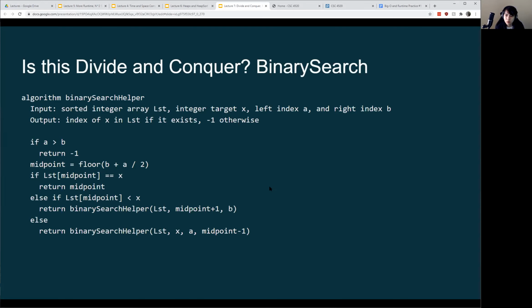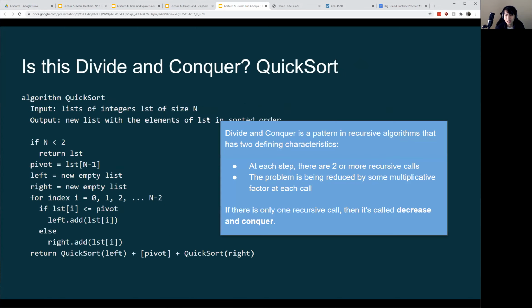But usually what we want to think about is using the divide and conquer classification in useful contexts. Since in binary search the best case runtime is O of 1, we don't really care about that case as much. Whereas in the quicksort version, the runtime was much worse in the worst case, and that makes it clear that it doesn't follow the properties of divide and conquer.